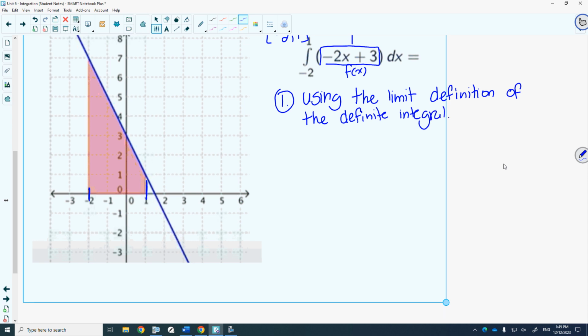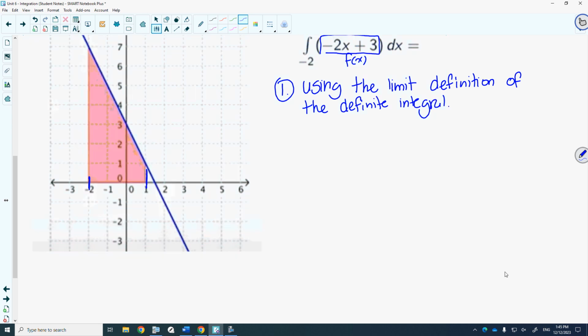So what was the limit definition of the definite integral? The area under the curve on the given interval is equal to the limit as n approaches infinity of the sum of the area of infinite rectangles, from i equals 1 to infinity.